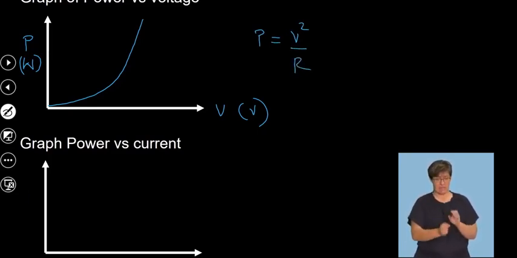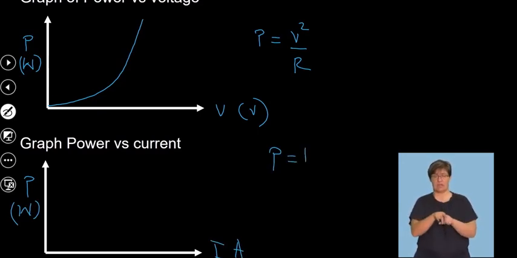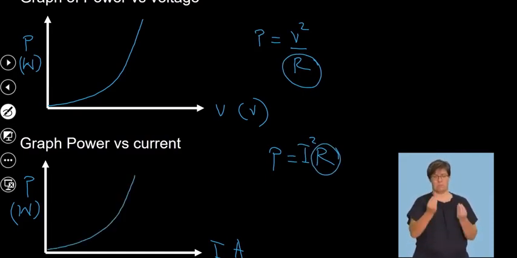The same would happen with the current: power in watts, and current in amperes. Again, this is based on the equation P = I²R. Remember, the resistance was kept constant in both equations. Now, we also get that kind of relationship between those two.